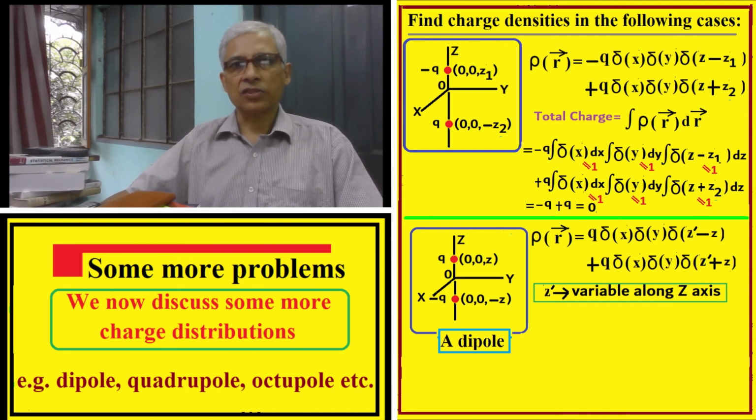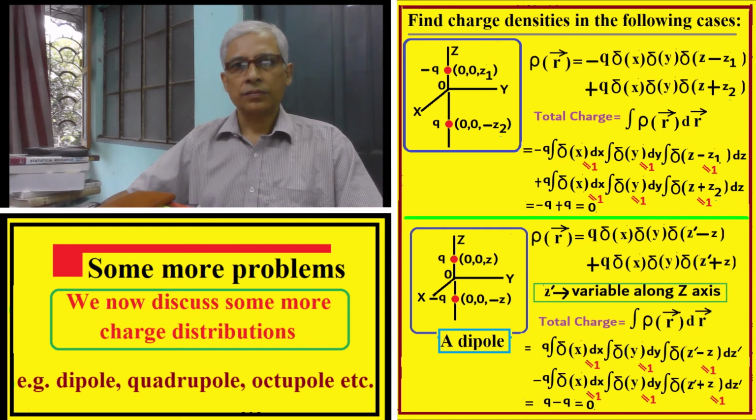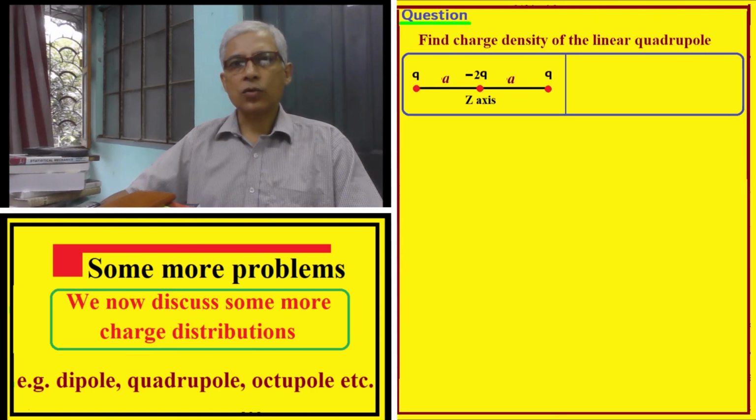We thus have constructed the volume charge density that you can see in the slide. With this charge density, we have evaluated the total charge, and it turns out to be q minus q, that is 0. We next consider a linear quadrupole with the central charge being minus 2q.